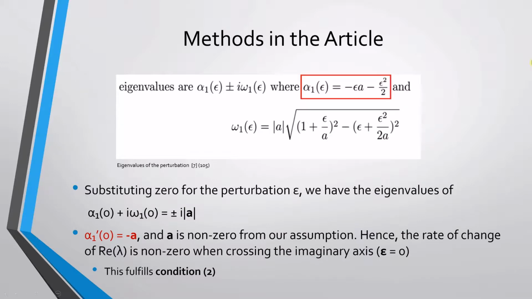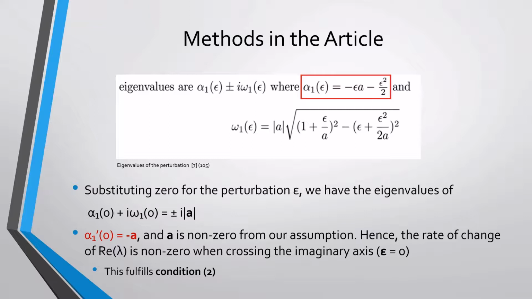By using the same methods from earlier in the presentation, we obtain the following real part of the eigenvalue denoted by this equation in the red box. By substituting 0 in for epsilon, we obtain the eigenvalues of plus or minus i times the absolute value of A. We will need this eigenvalue later in order to find the left and right eigenvectors associated with it.